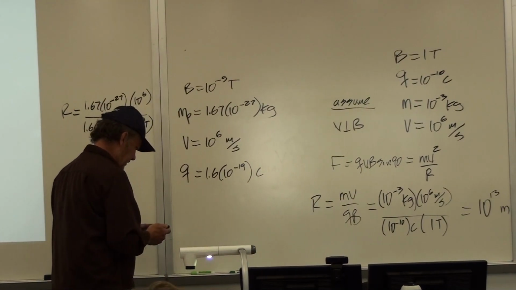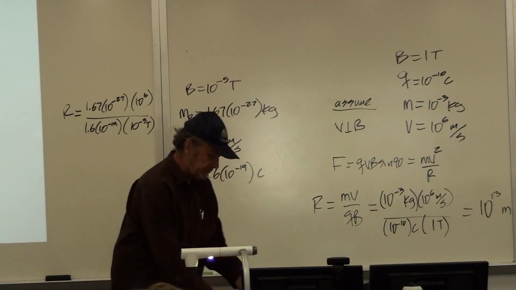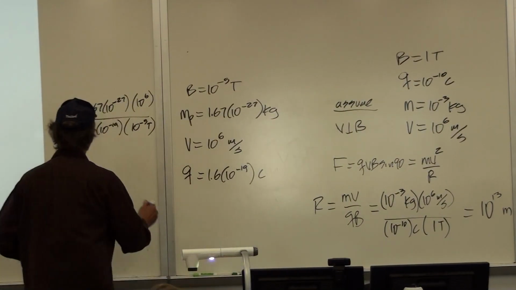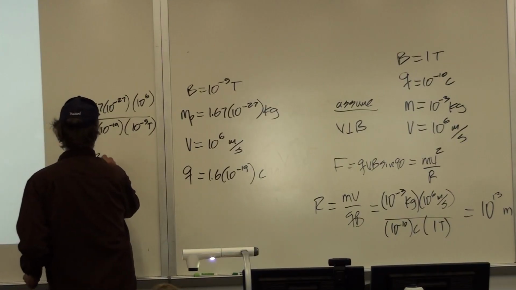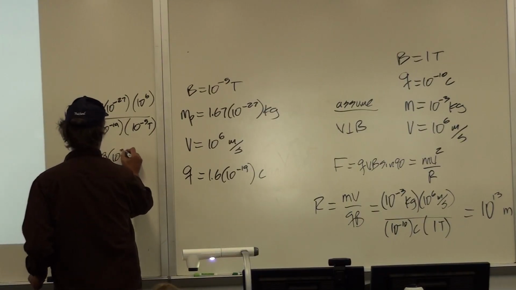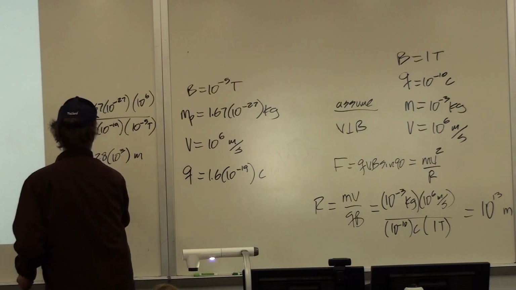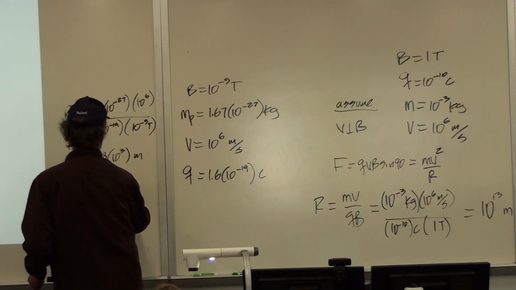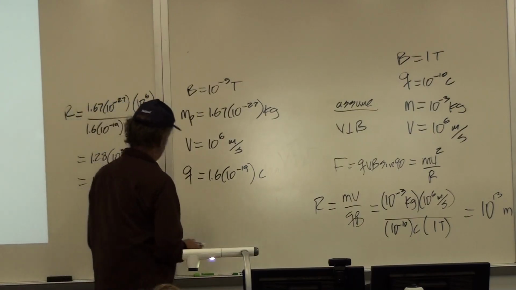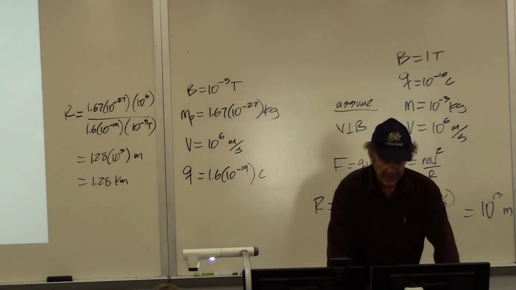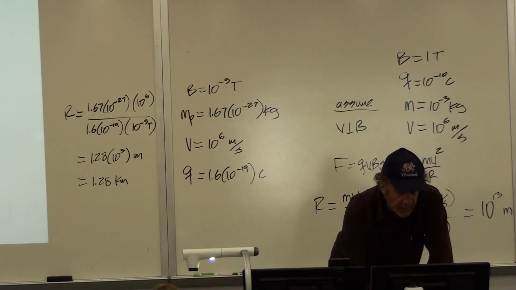So that gives me 1.28 times 10 to the 3 meters, or 1.28 kilometers. So that's a reasonable number.